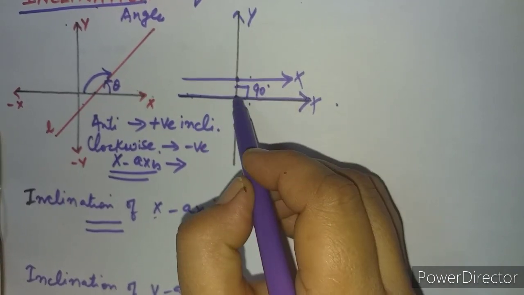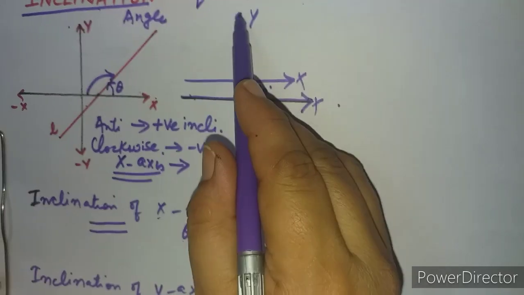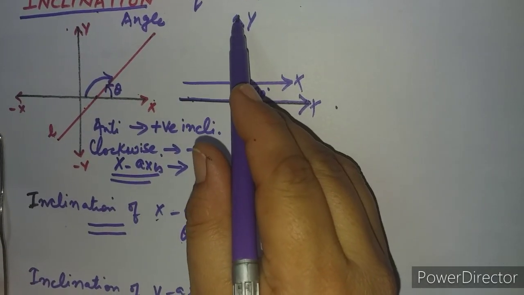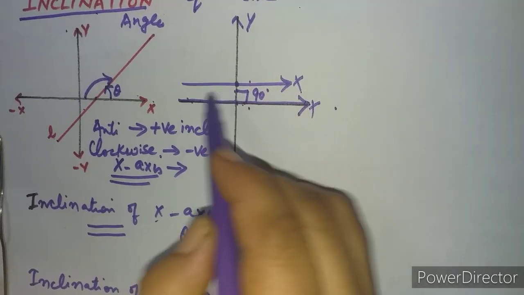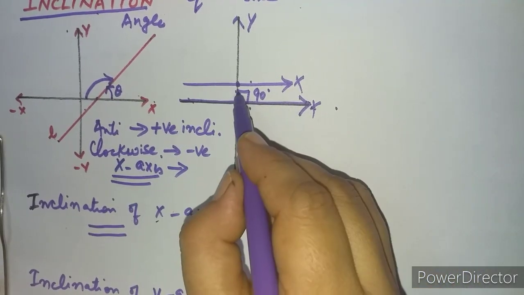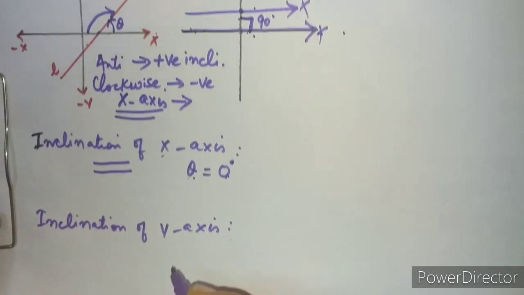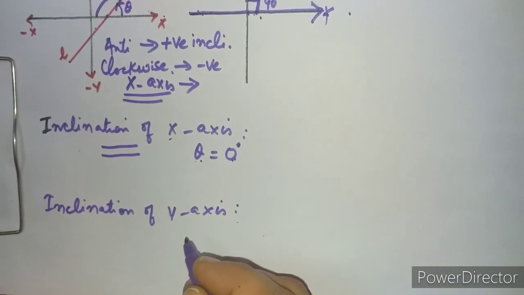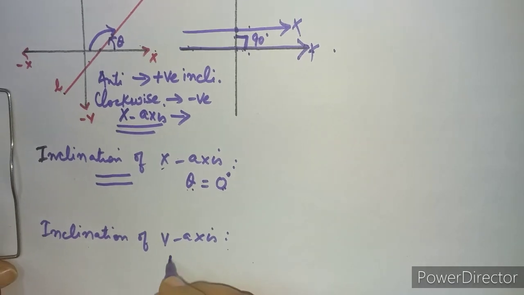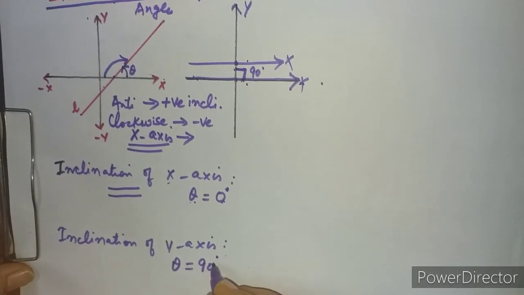The line in question has become the y-axis; when we want to see its inclination, we simply see the angle which the y-axis makes with the x-axis. So this is that angle, 90 degrees. I will write here that the inclination of the y-axis, I call it theta, is 90 degrees.